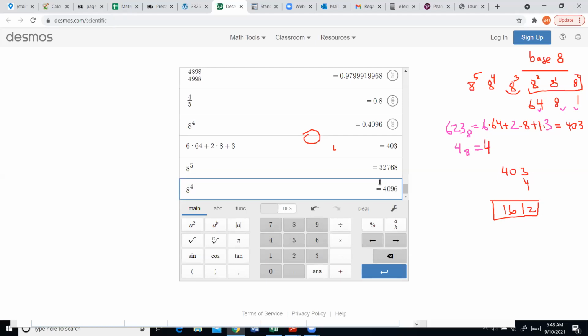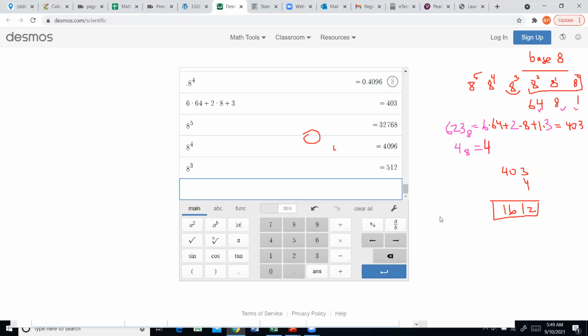So 8 to the power of 5 is already 32,000. That's too much. 8 to the power of 4 is already 4,000. That's also too much, right? 8 to the power of 3 is the one that I will utilize, looks like. I just got overexcited, but 8 cubed is the only one I need.